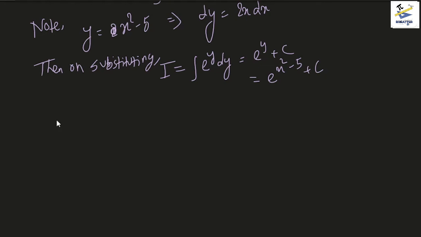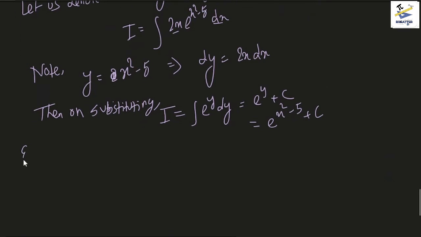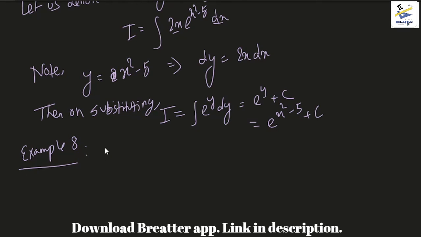So this would be example 8, right? We'll continue from example 9 in the next video. So this would be the last example for this video. So let us do this problem where we have the integral of cosine of x dx by 1 plus sine x.